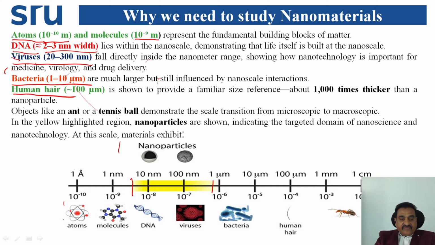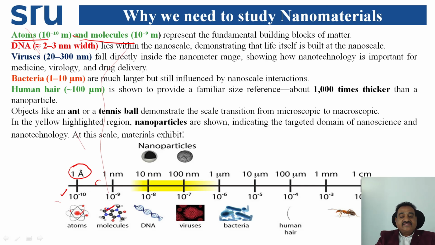So you can see, we already discussed atom, 10 to the power minus 10 meters. Again molecules, the second one, molecules 1 nanometer. So this is 1 angstrom. 1 angstrom is equal to 10 to the power minus 10 meters. So this is 1 nanometer. 1 nanometer is 10 to the power minus 9 meters. Coming to DNA, this is 10 nanometers, that is 10 to the power minus 8 meters.